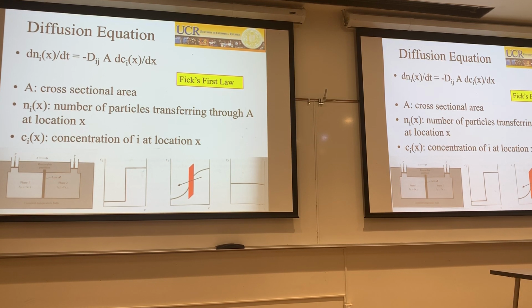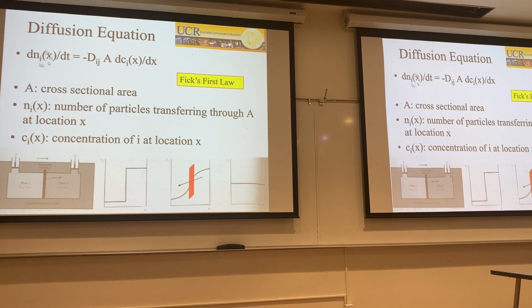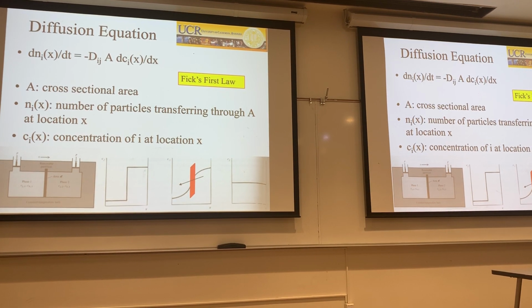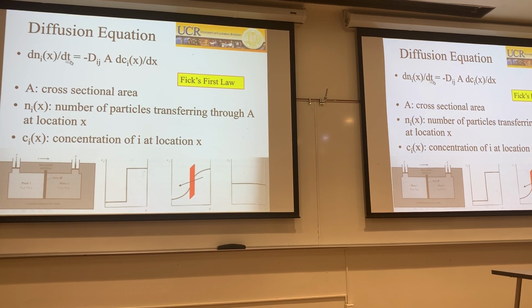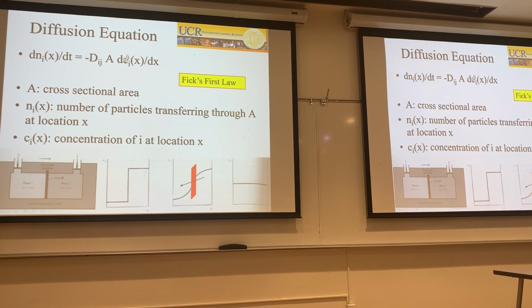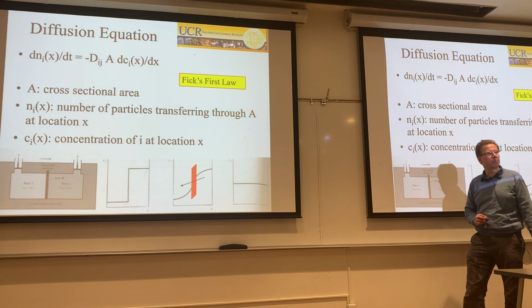So I have an extensive property of the system, number of particles, and I take a derivative by time of that extensive property, and I relate it to an intensive property of the system, the concentration, of which I take a derivative by the place.